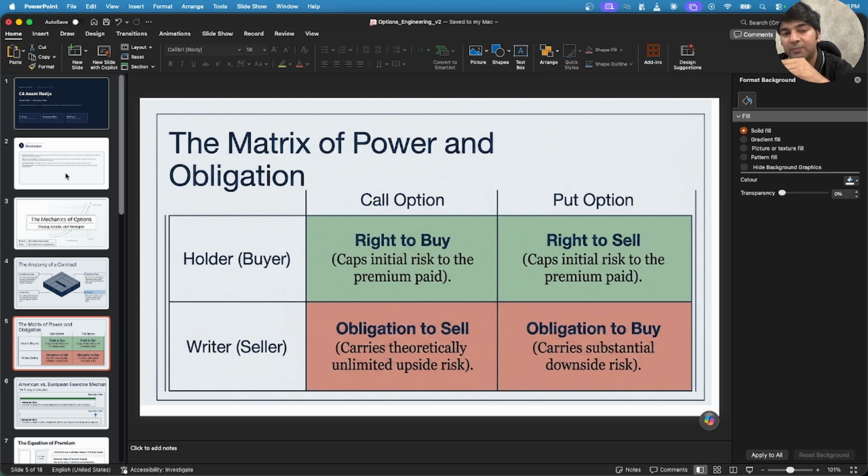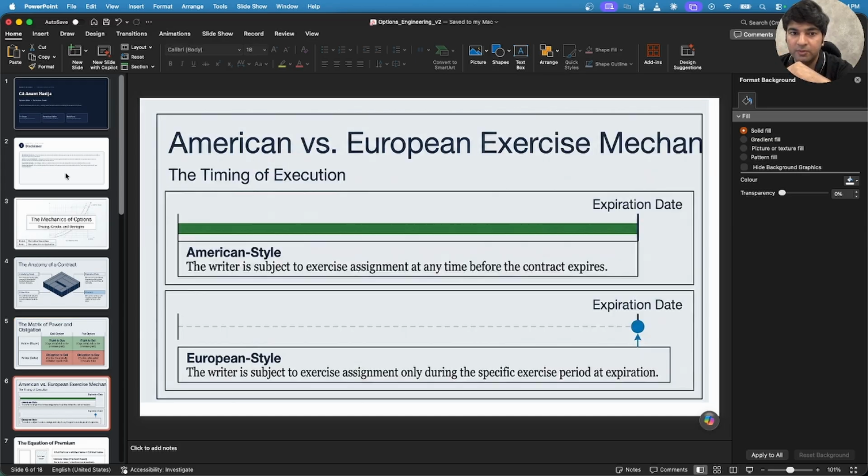If it goes to 23,850, you would be assuming large losses. So theoretically there is unlimited upside risk for the seller, and similarly the seller of a put option carries a substantial downside risk, like what we discussed for the upside risk. So this is the matrix of power and obligation of the different call and put options.